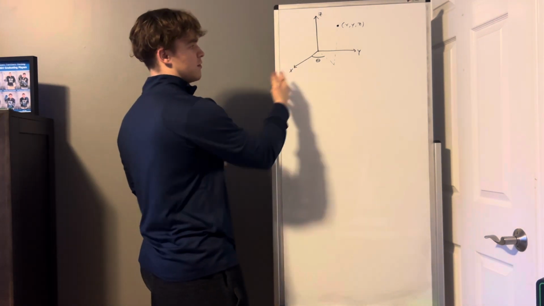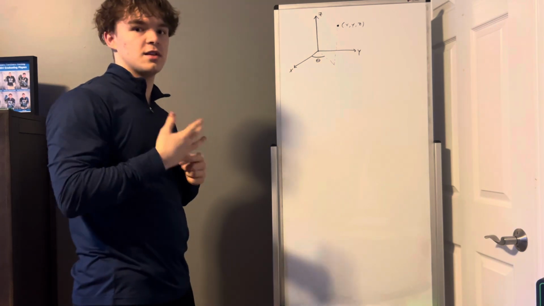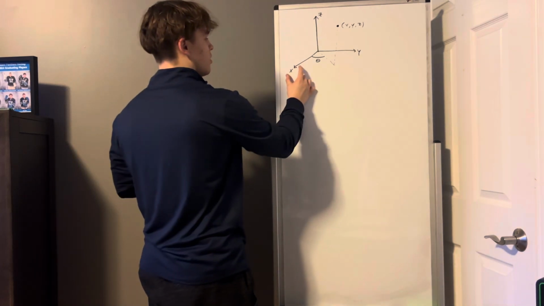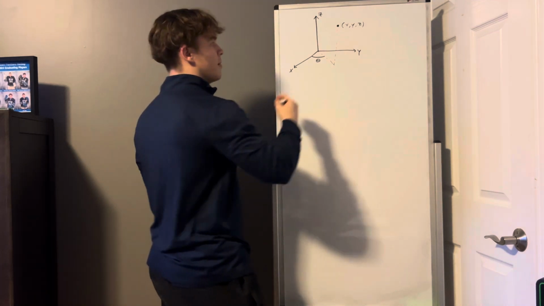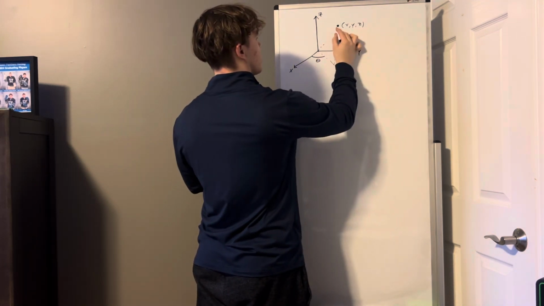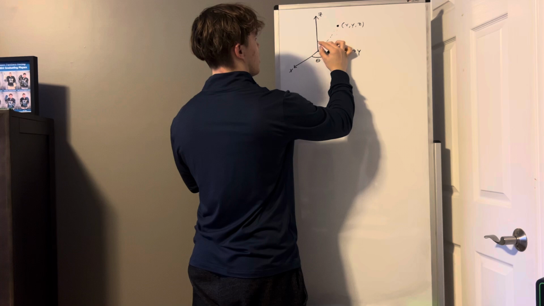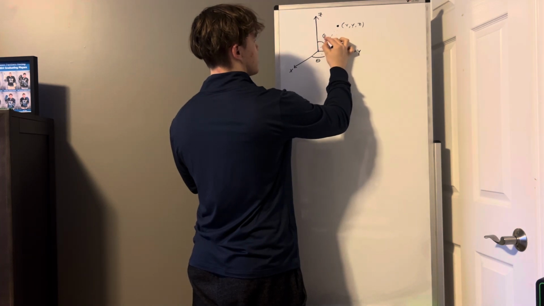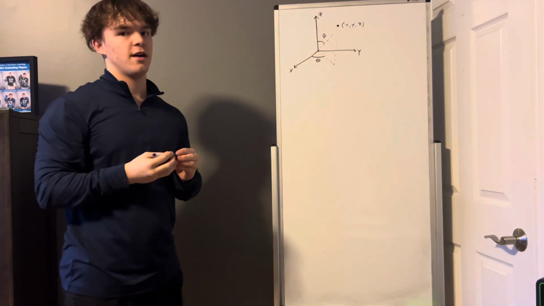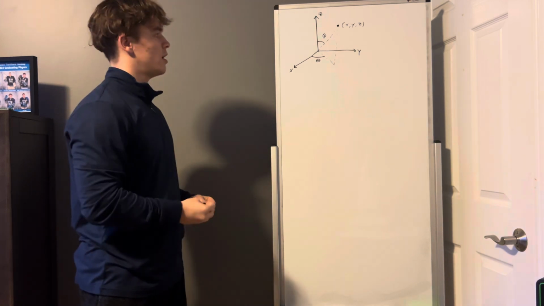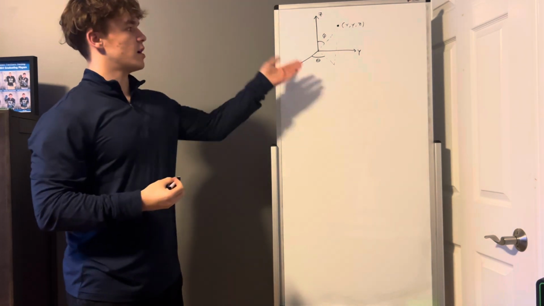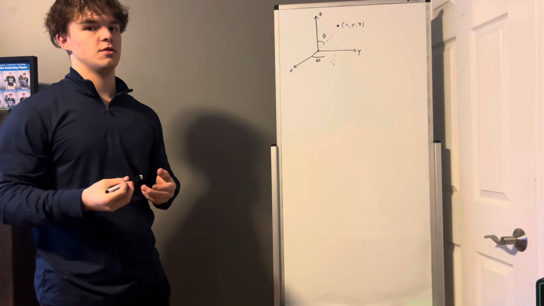And this value theta still exists. It's still the same thing. It's coming off of the x and it's in the xy plane. But now we have another angle coming off of the z-axis, and we call that angle phi. Now, a lot of people have probably seen this angle before, and so both of these angles can span from 0 to 2 pi.